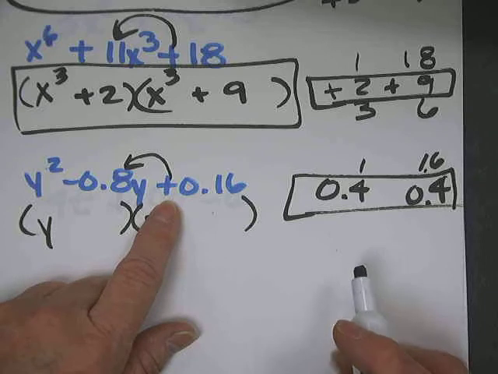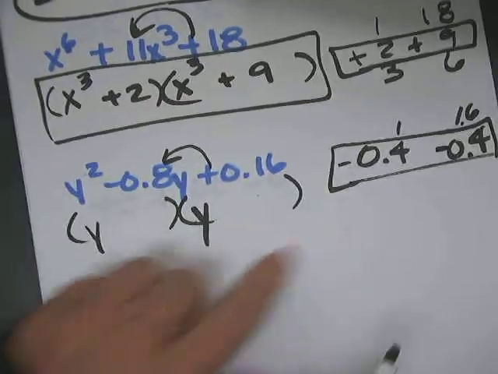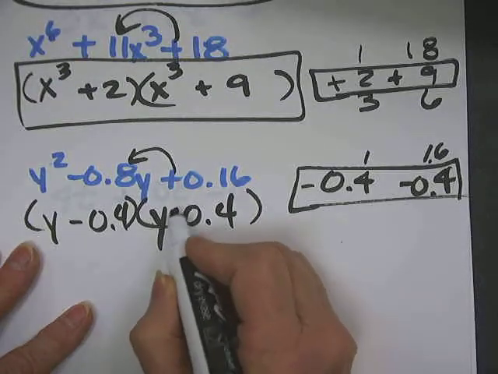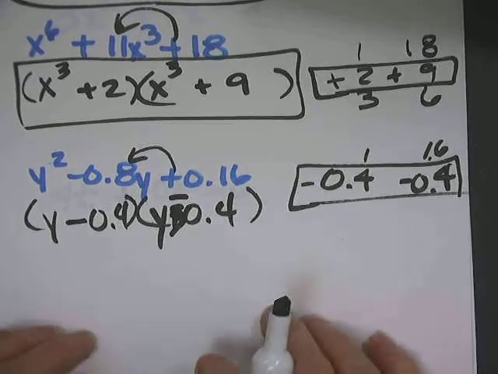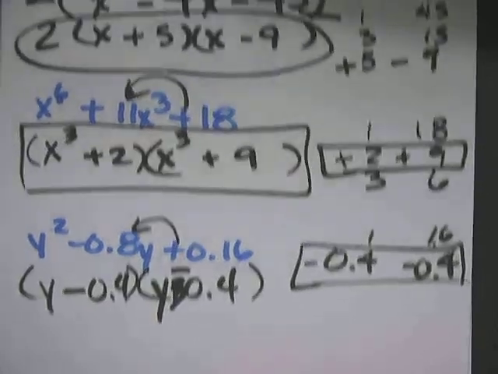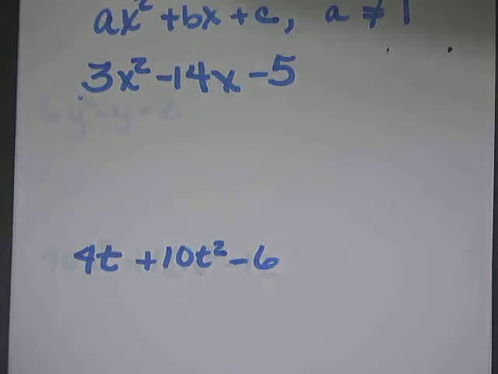They add up to that, so that made it easy. They need to be -0.8. This is the same sign, right? Both negatives. It's a sum, it's the same sign. Same sign, negative, minus and minus. Everybody got that? Oh, new thing.